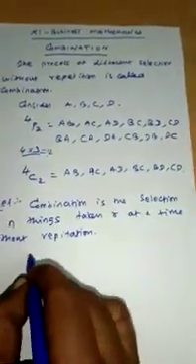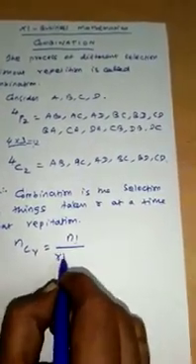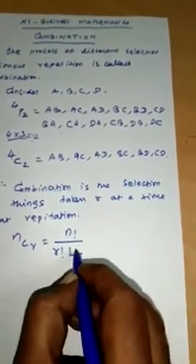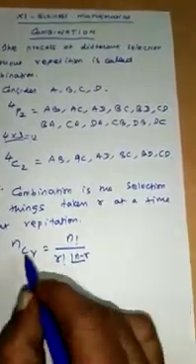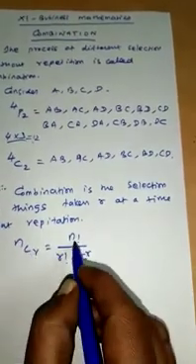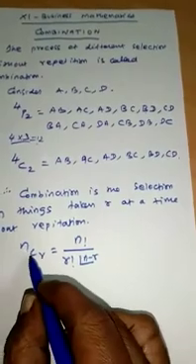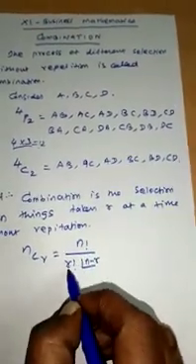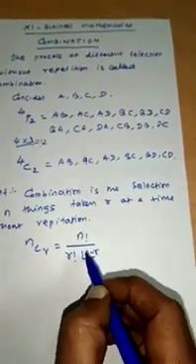That is nCr is equal to n factorial by r factorial into n minus r factorial. In nPr permutation, it is n factorial by n minus r factorial only, but nCr is n factorial by r factorial into n minus r factorial. This is the formula.